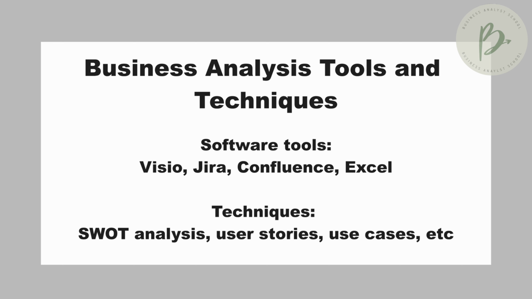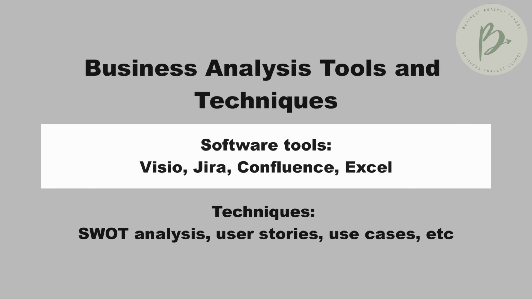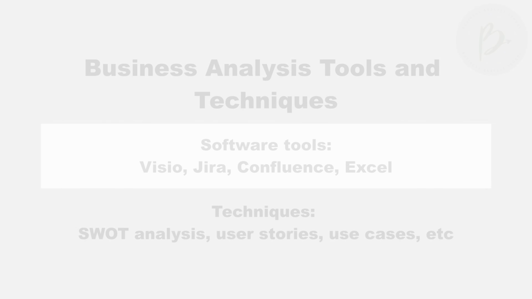You want to get familiar with tools such as Microsoft Visio for modeling BPM and processes, Jira for issue tracking, Confluence for document management, project management. There's so many tools that we use as business analysts. You also have Excel, right? PowerPoint for presentation. All the tools really that we need in order to make our work and in order to add that value to the work that we do.